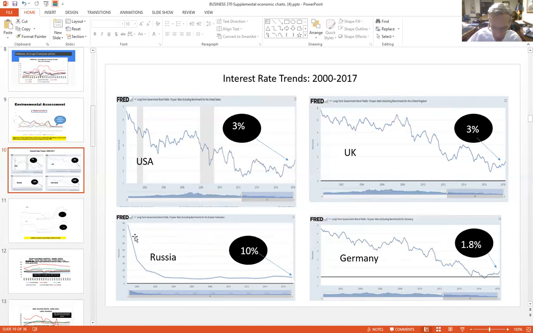We can see that Russia's interest rates have been extremely high, and even when this chart was pulled by the Federal Reserve, these charts, FRED refers to the Federal Reserve Economic Database. You can Google FRED, all capitals, FRED, and get any one of these interest rate charts, and a whole host of US and international economic charts, mainly US charts.